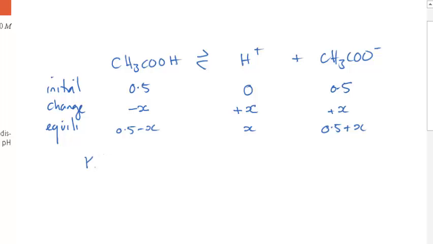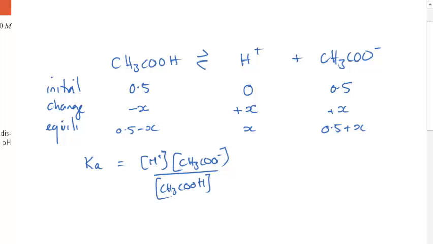So our equilibrium constant is again H+ and acetate ion, CH3COO minus, over the reactant, which is CH3COOH, acetic acid. Substituting in those things, H+ was X, times 0.5 plus X. Put that in brackets, so you know you multiply the whole thing, and then divided by 0.5 minus X.